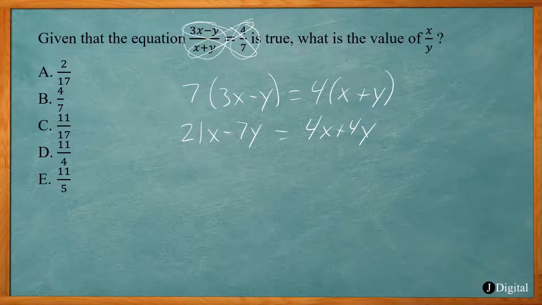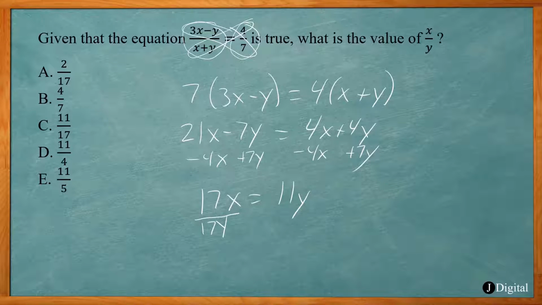I'm going to get the x's to the same side, so I'll subtract 4x on both sides. I'm going to get the y's to the other side, so I'm going to add 7y to both sides. And it gives me 17x is equal to 11y. Then I want to divide by y and 17.